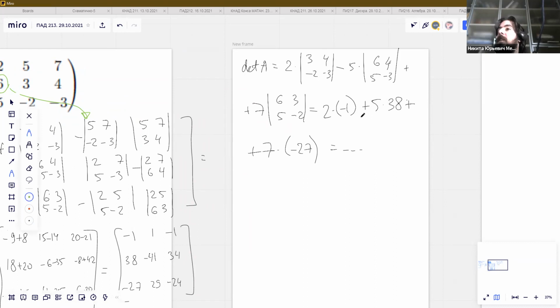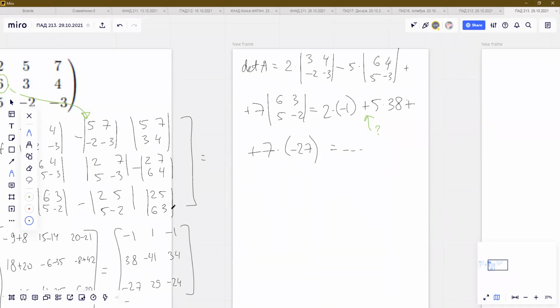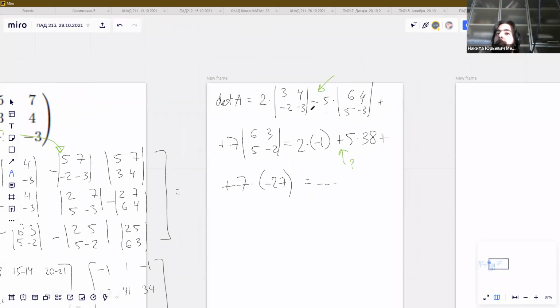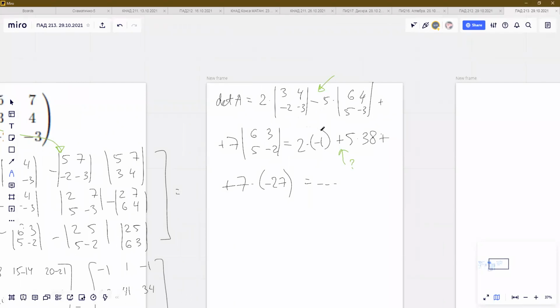Does everyone understand why there is a plus here? Because the determinant of the second multiplication will be negative one, will have a sign negative. And then this minus is multiplied by the minus and we get a plus, yes?